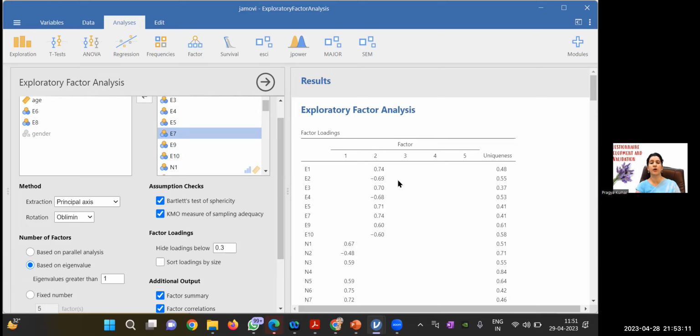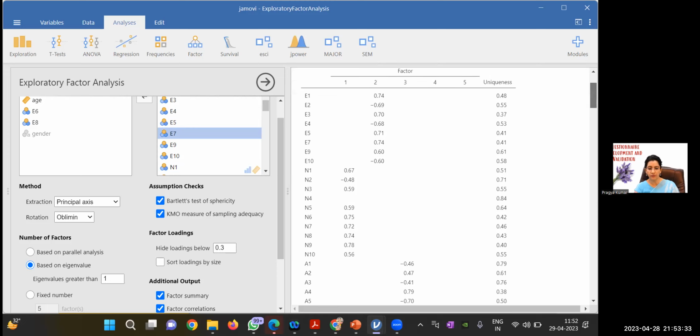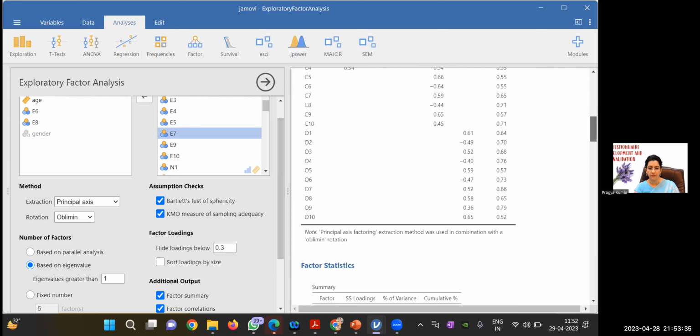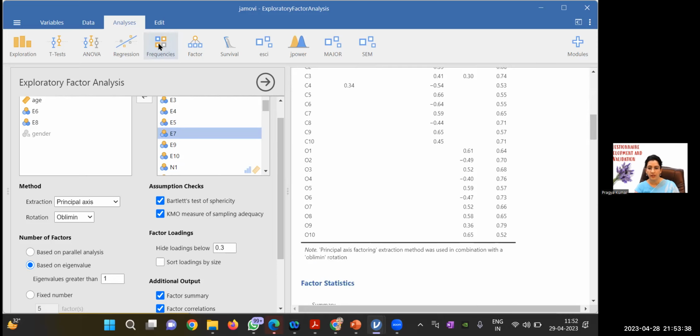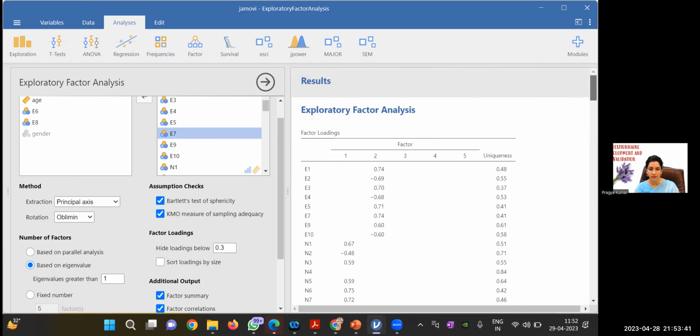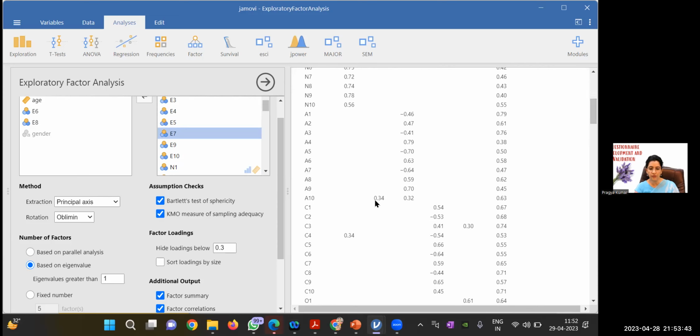Okay, it is only 0.68. So in spite of removing the 2 items, the convergent validity is not met. Again, if I see this item E9, this is also showing 61%. This is getting loaded, but its error is also high.